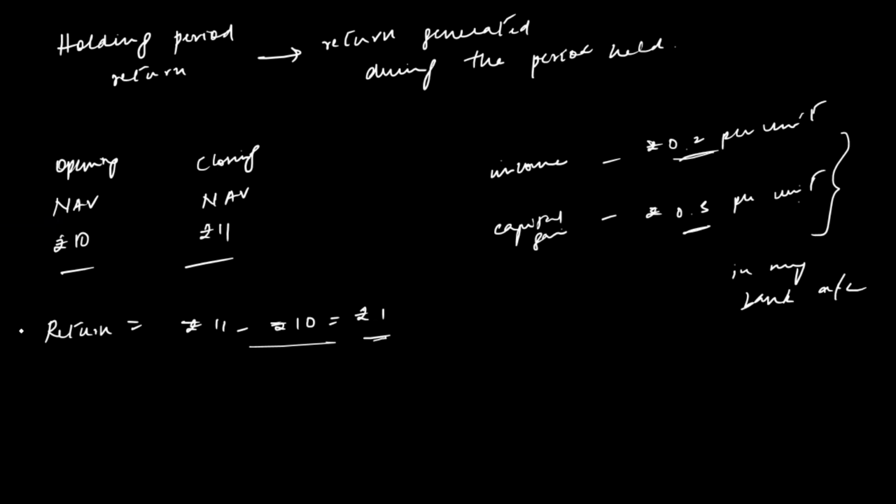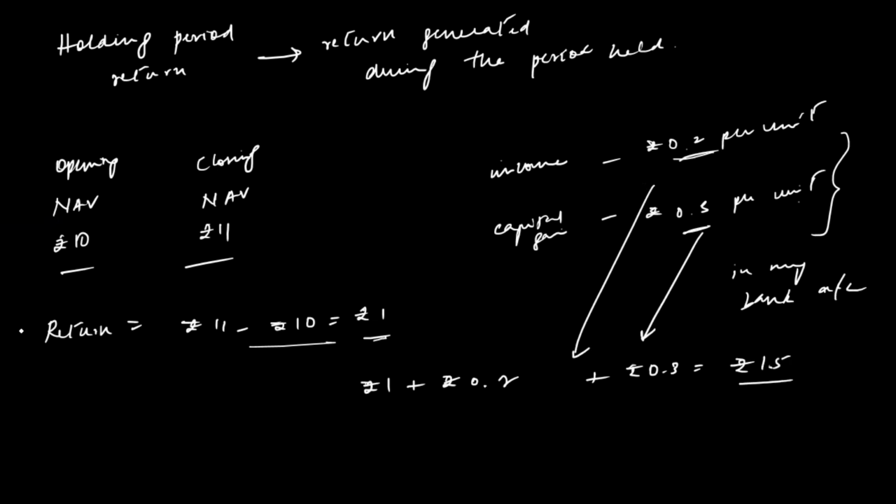So what is the total return generated? It is rupees 1 plus rupees 0.2 plus rupees 0.3, that is 1.5, right? This is the return generated.